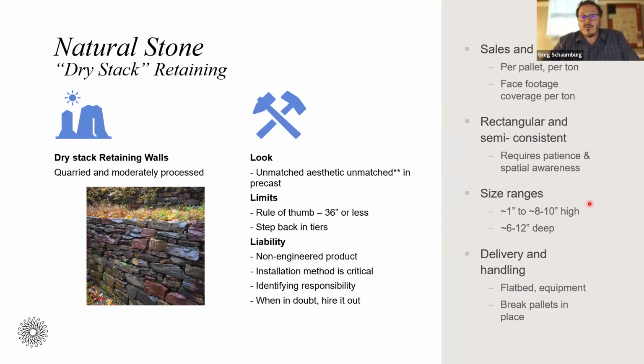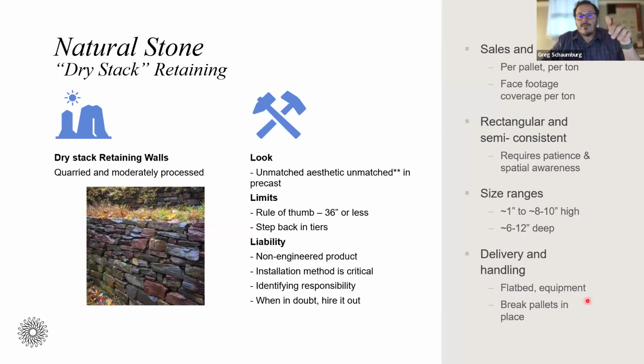From a size standpoint, and I'll show you examples of this also, the smallest thing you'll find is about an inch or so, and they range up to about 8 to 10 inches tall. So they're pieces that can be a little bit more sized. And from a depth standpoint, about 6 to about 12 inches or so. As they're delivered to a job site, generally it's on a flatbed, with equipment.